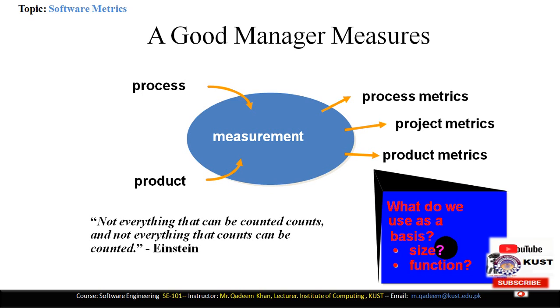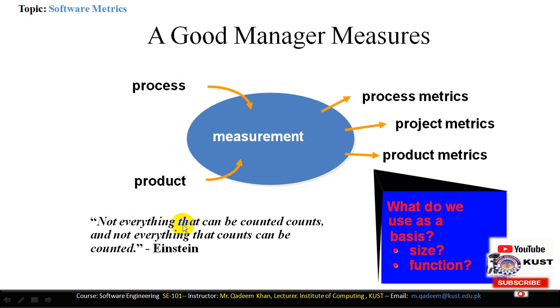Early users of size or lines of code included the comment statements. Nowadays, comments are not executable statements and are excluded from the size. And the functions are the functionality or the number of services that we have counted in the projects. So either we use the size or function for providing all sorts of measurements.